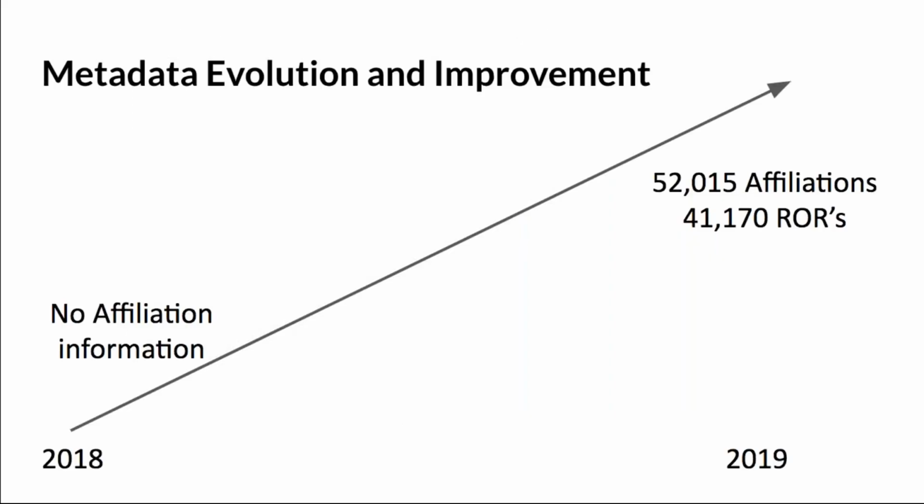So I wanted to reemphasize something that Daniela said, that in the beginning, in 2018, last year, there was no affiliation information in Dryad. This is a situation that we've talked about a little bit in the last two sessions on dialect evolution.